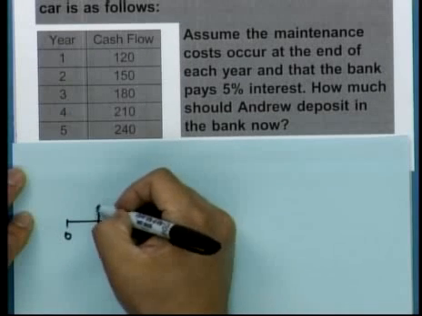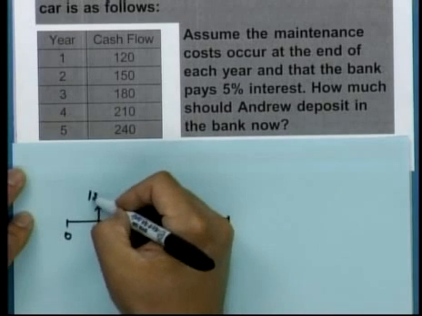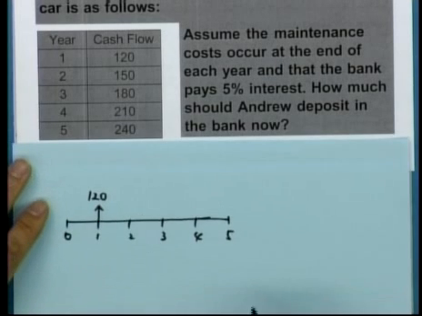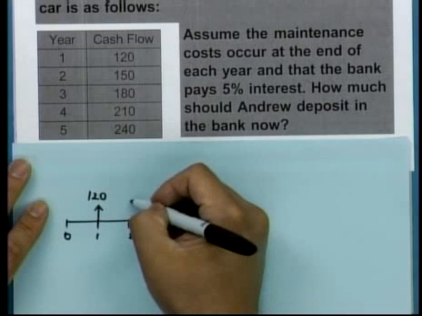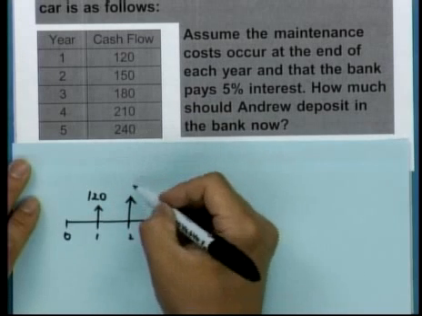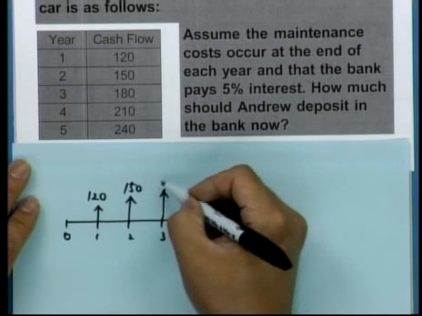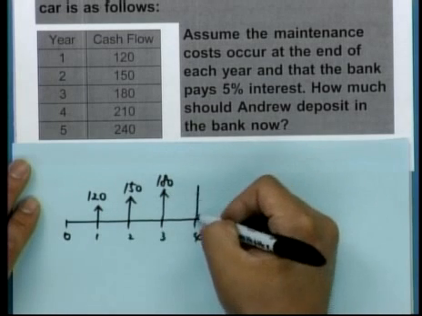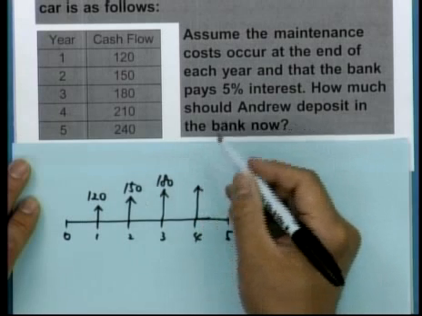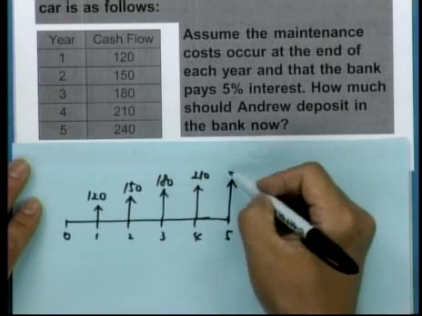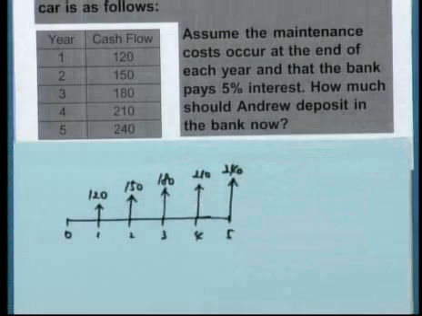And at the end of year 1, there is a cash flow of 120. At the end of year 2, 150. At the end of year 3, 180. End of year 4, 210. End of year 5, 240.